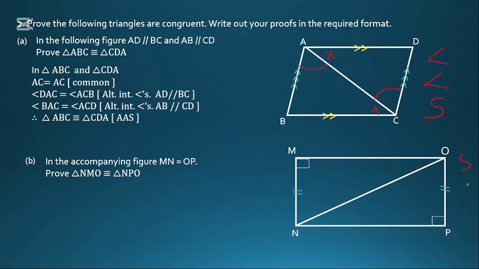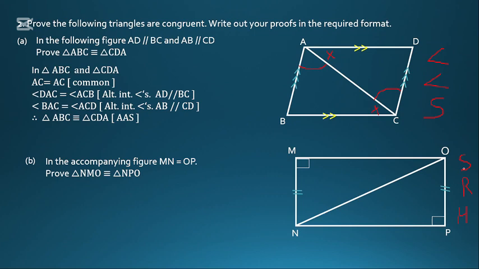We have a right angle there. And this side, you see there, it's opposite 90 degrees, so this is your hypotenuse, right? And it belongs to both triangles. Okay, so in this case it's right angle, hypotenuse and side.